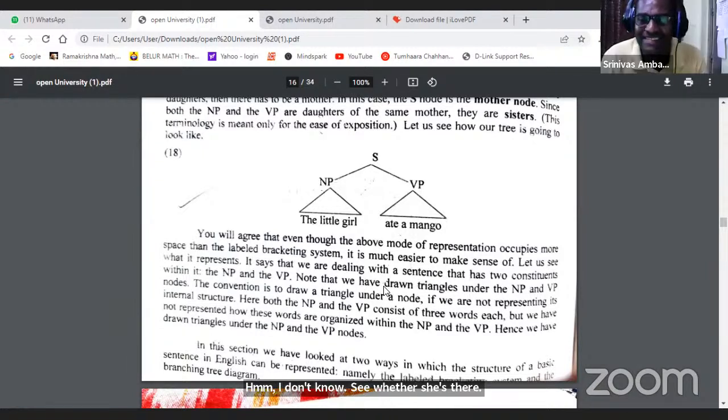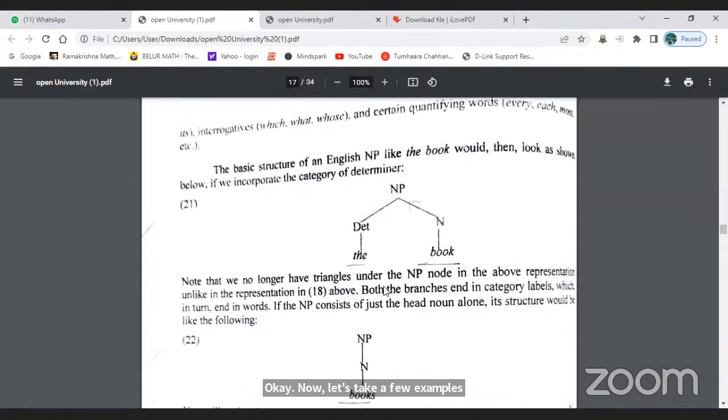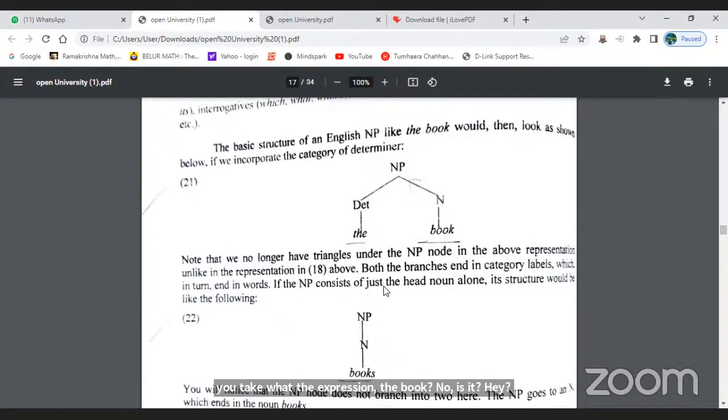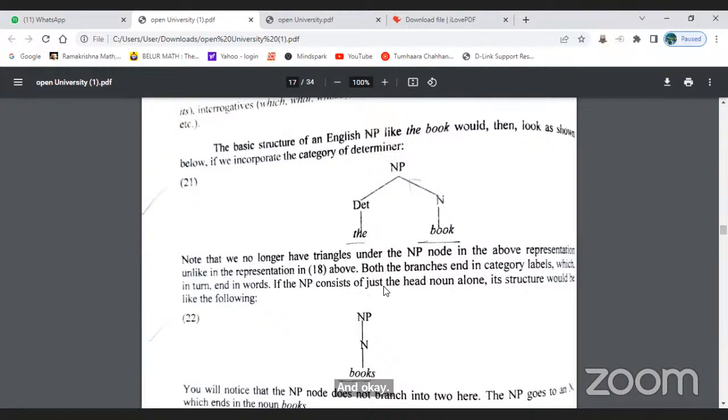Okay. Now let's take a few examples. See one more example. If you take the expression the book, the is a determiner, like a and the. Book is a noun. Determiner and noun, both of them together, what do you call this?